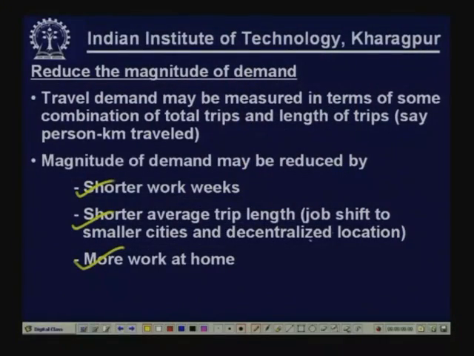Shorter average trip lengths: job shift to smaller cities and decentralized locations. In most of the cities in developing countries, you will find all offices, all head offices are located in the capital city. Maybe the majority of them are required to be located in the capital city, but in many cases people from the states need not come to the capital city.